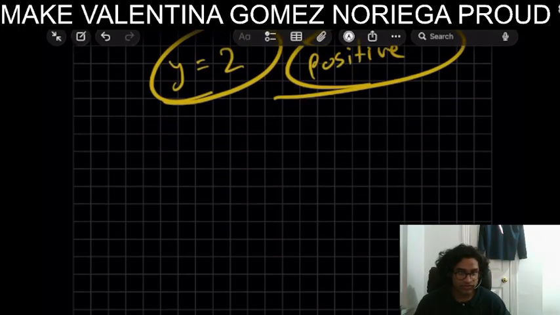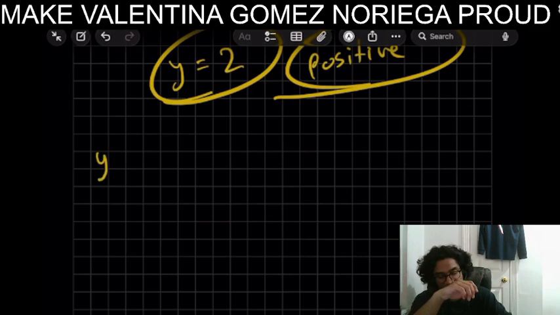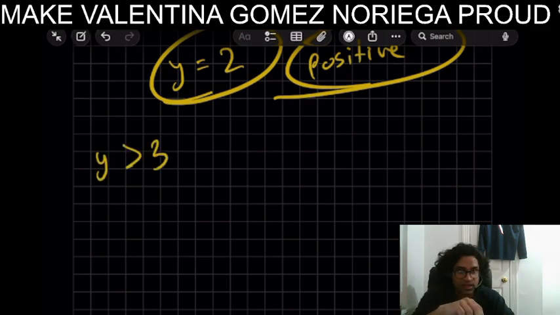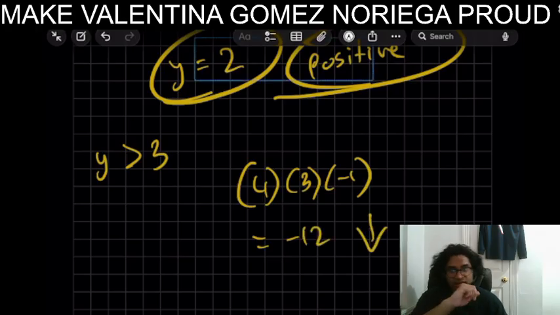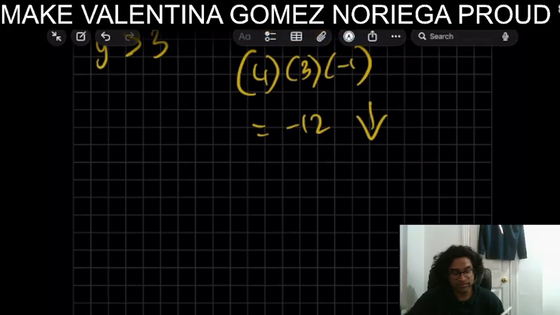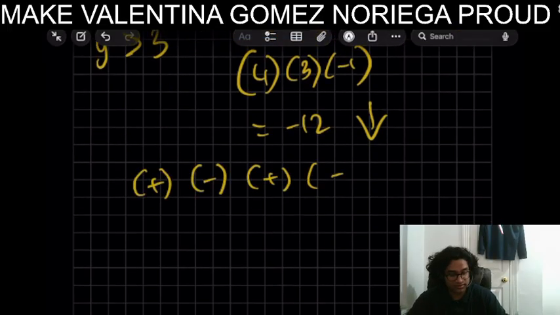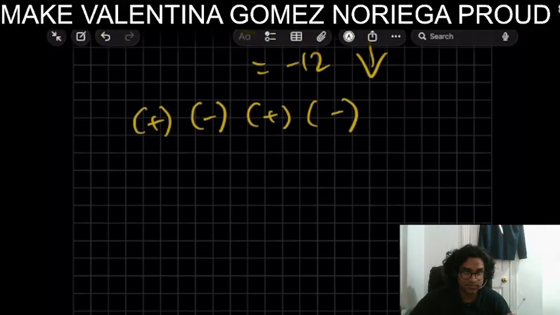So we have a positive, a negative, a positive. And then obviously you'll also have y greater than 3. Say y is 4, then I'm going to have 3 times minus 1, so that is minus 12, which is negative. So what I have is a plus, a minus, a plus, a minus.